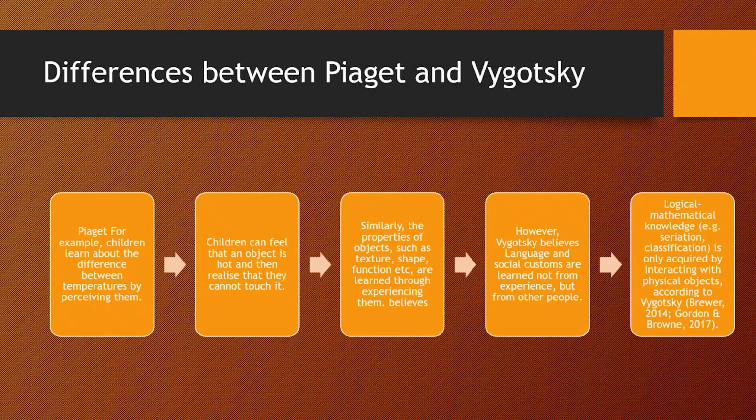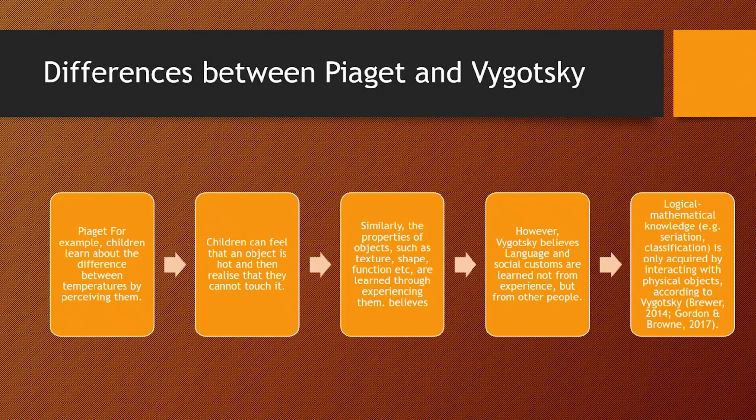The difference between Piaget and Vygotsky, which you might be asked in an assessment, is that Piaget, for example, believes that children learn about the differences between temperatures by perceiving them. Children can feel that an object is hot, and then they realize that they cannot touch it.